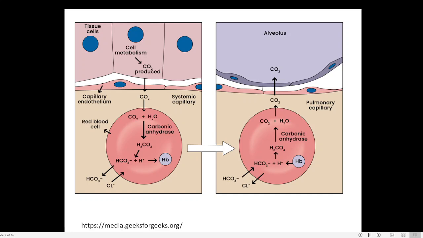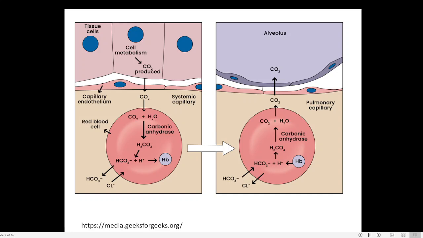So when this process is taking place, there is a charge difference, and that charge difference develops because of the exit of negatively charged bicarbonate ions. There will be a deficiency of negative charges inside the RBC.